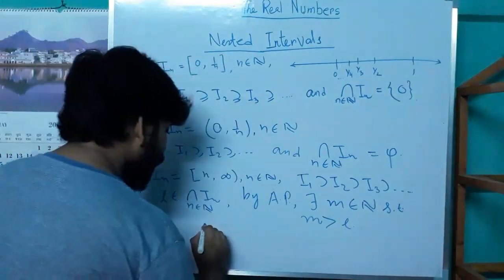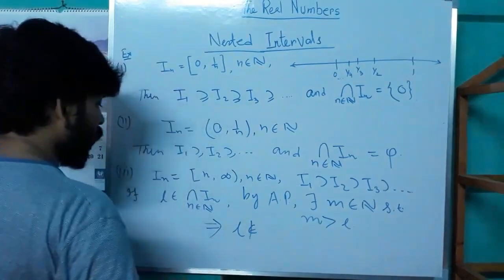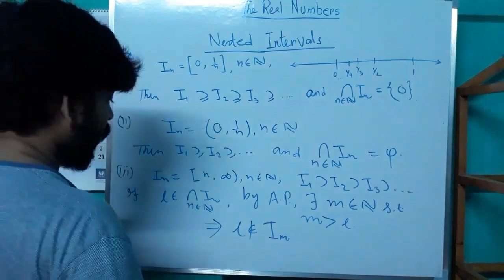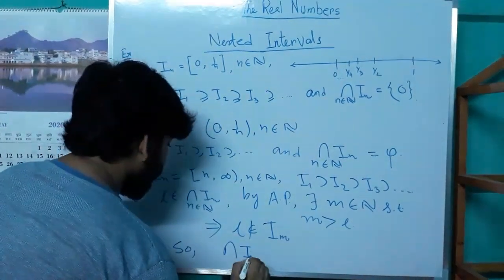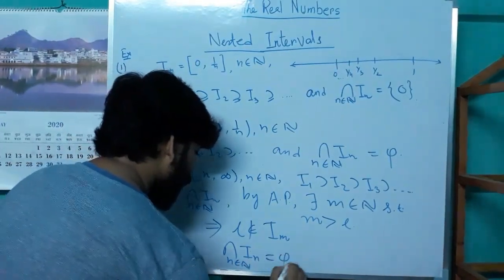Okay, so this implies that L does not belong to Im. So the intersection is empty.